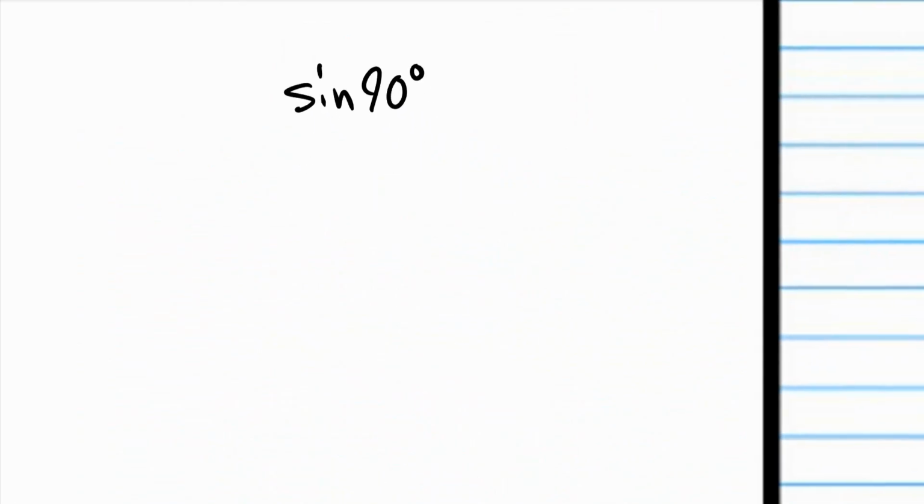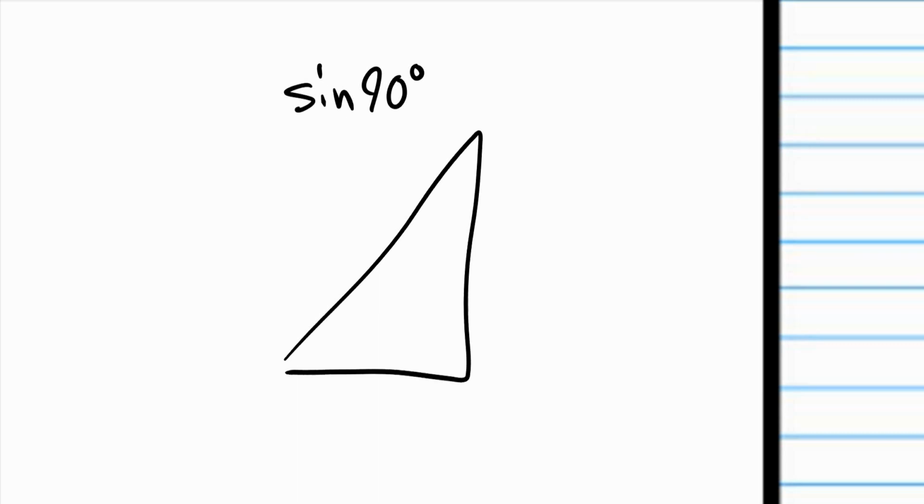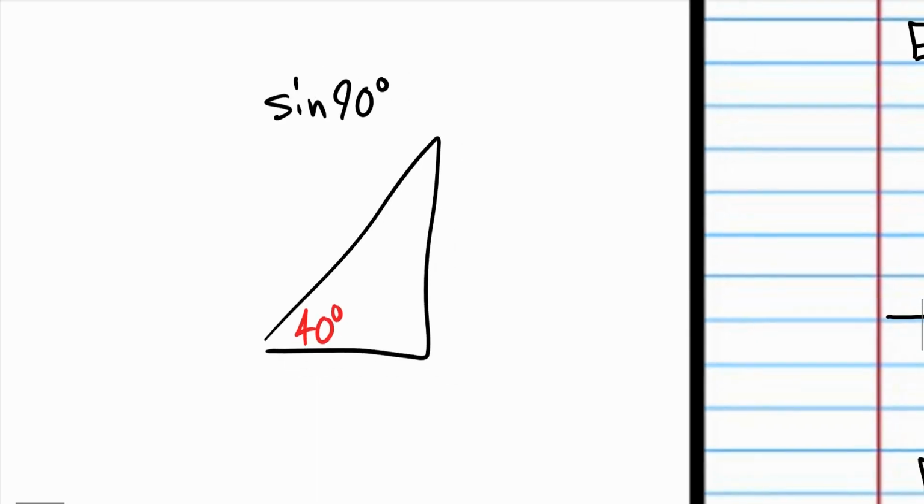Let's say you try to calculate the sine of a 90-degree angle. Well, let's start off with 40 degrees. Of course, these functions are defined for right triangles and right triangles only.